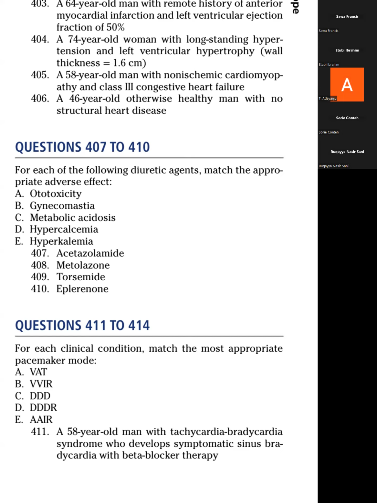So there's no need for something that would support or work on the ventricles. So that makes question 414 option E, the AAIR.